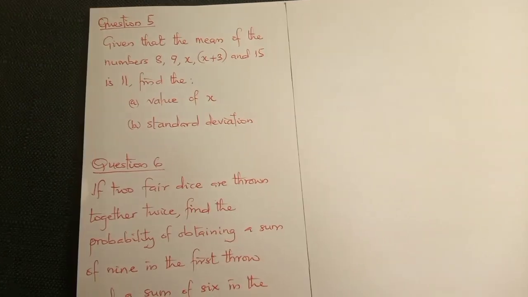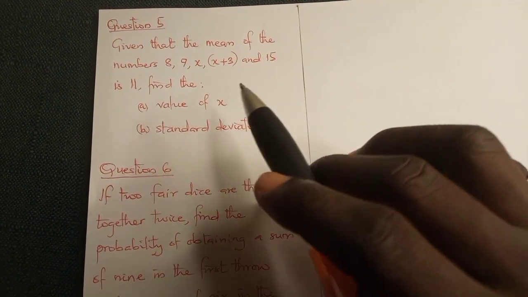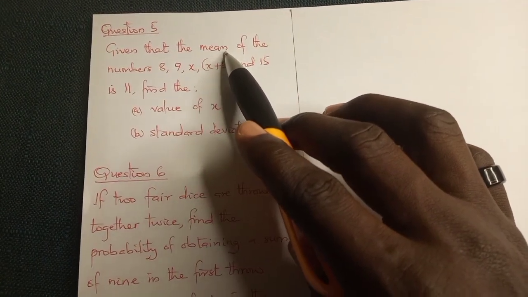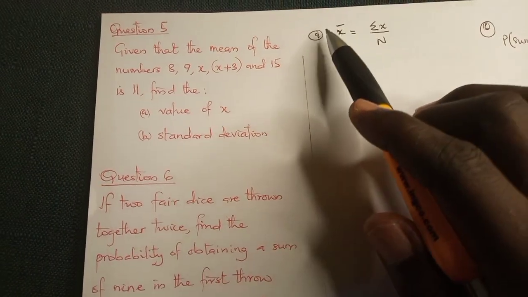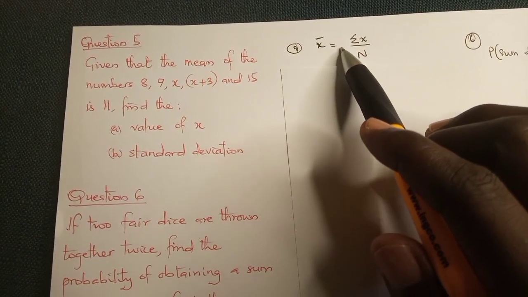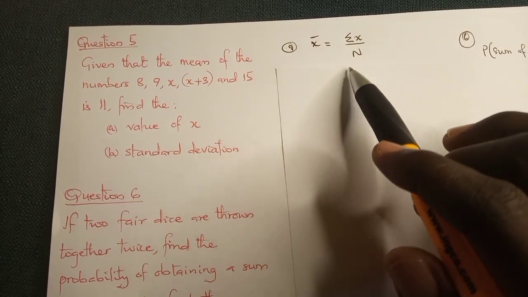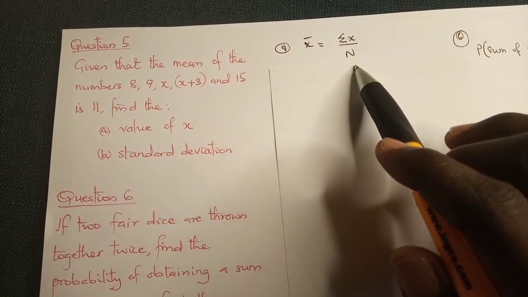First of all, before you can find the value of x, you need to know the relation for the mean. The mean is given by x bar equals the summation of x over n, that is, the sum of all individual scores over n.